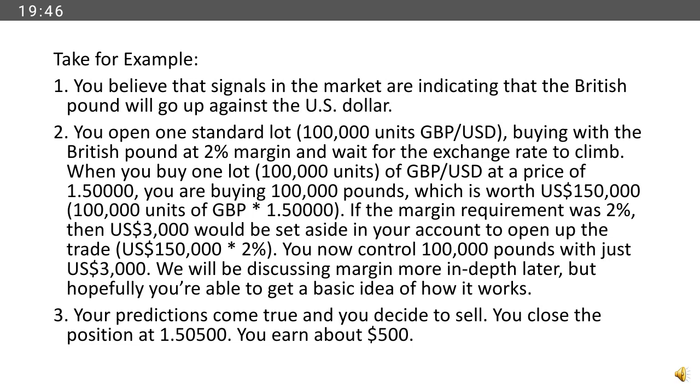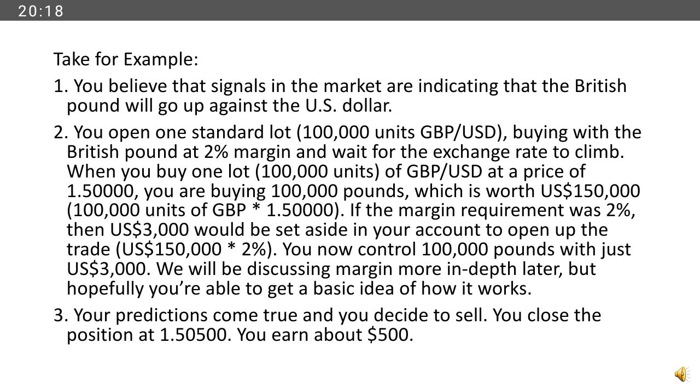100,000 units of GBP multiplied by 1.50000. If the margin requirement was 2%, then you have 3,000 US dollars. That's 2% times 150,000 US dollars. You get 3,000 US dollars.